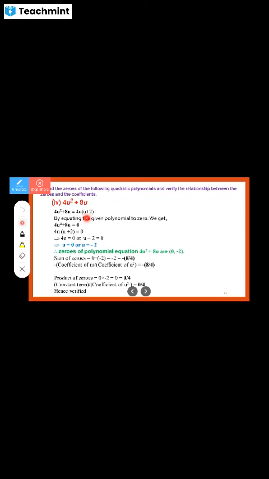The sum of zeros is minus 2. So that can also be done, minus 8 divided by 4.